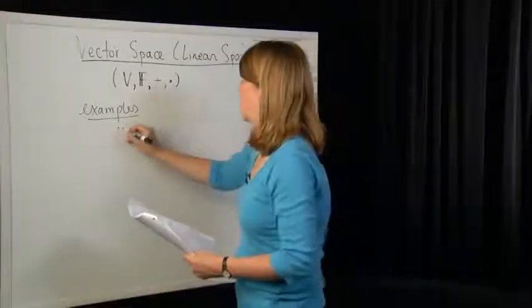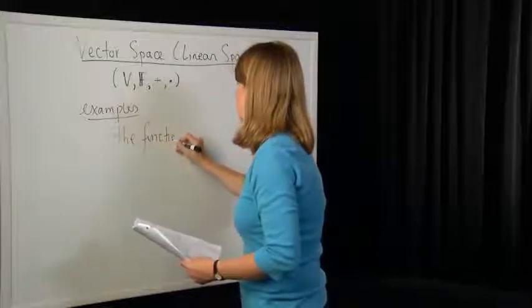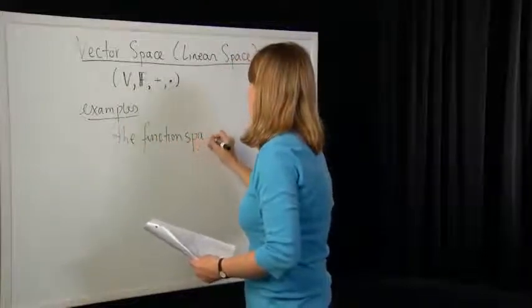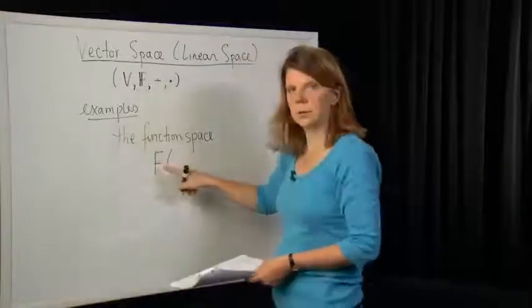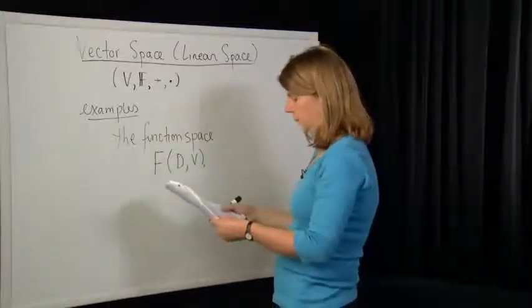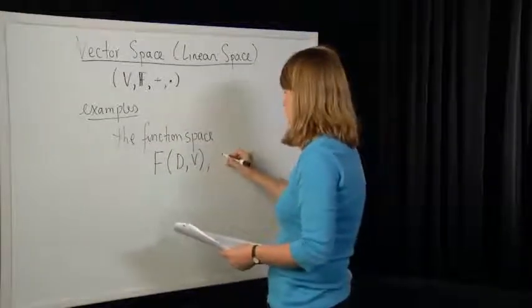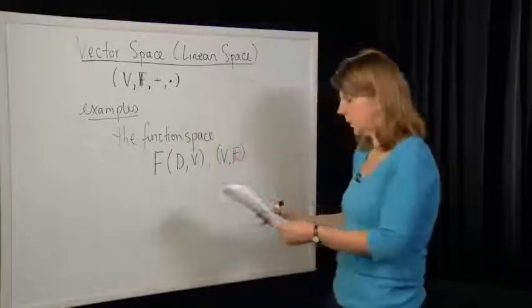Okay, so the function space, and we'll write it as F. So the set of functions which maps a set D to a set V, where V is a vector space, so VF is a vector space over an associated field.